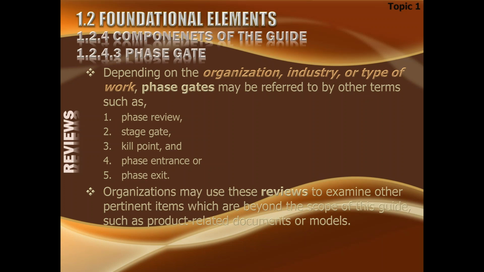So it could be a stage gate, it could be a phase review, it could be a kill point. Why do you call a phase gate a kill point? Because at this phase gate, the project can be killed. A project can only be killed, terminated at a phase gate, not in between. So we can also call it a kill point.